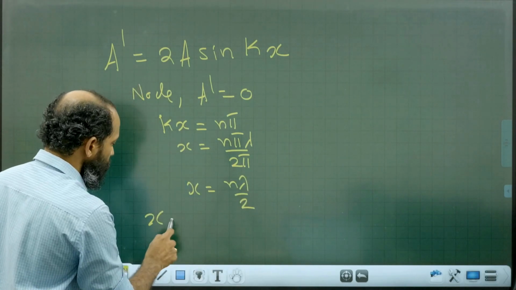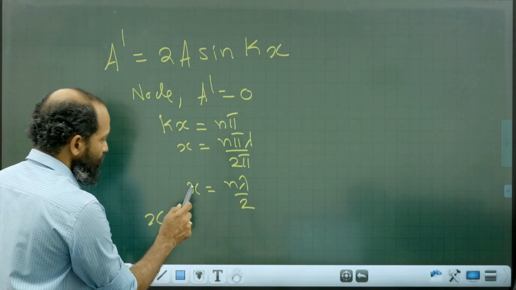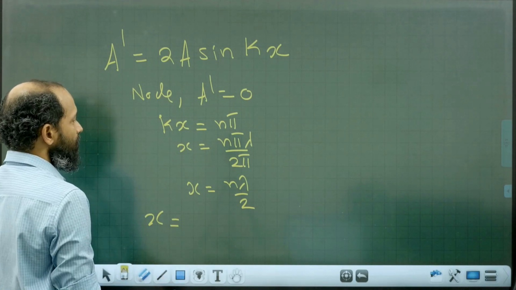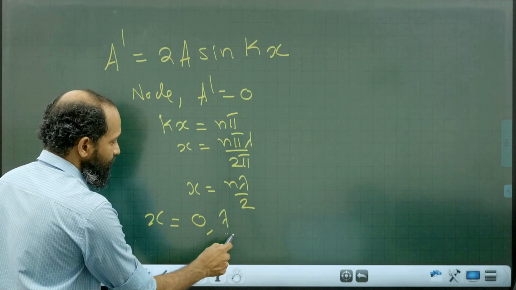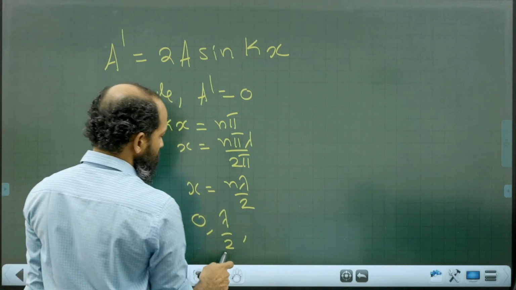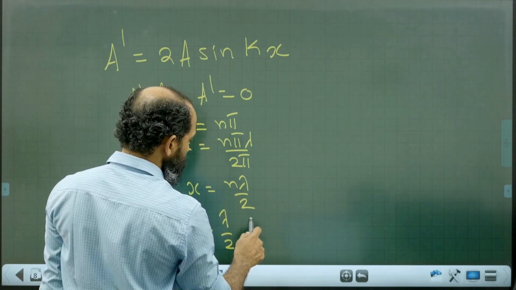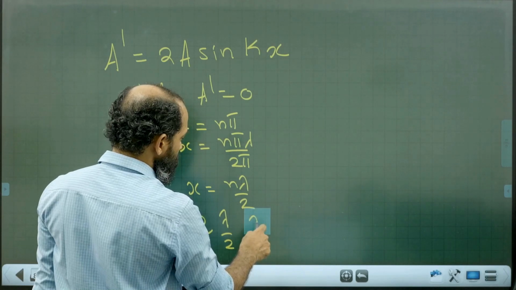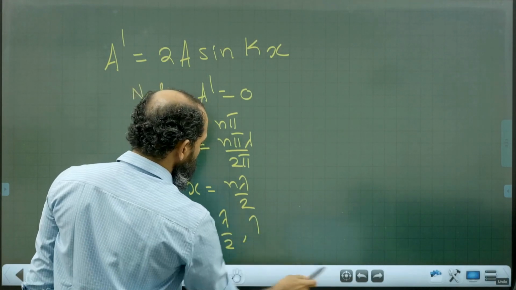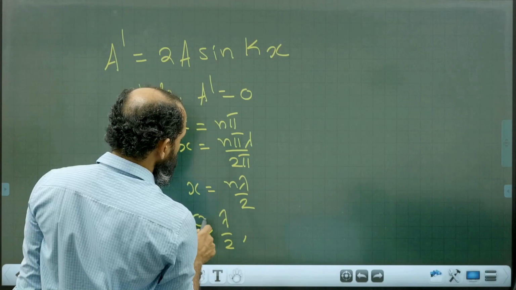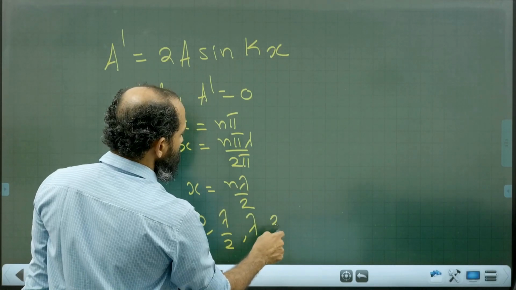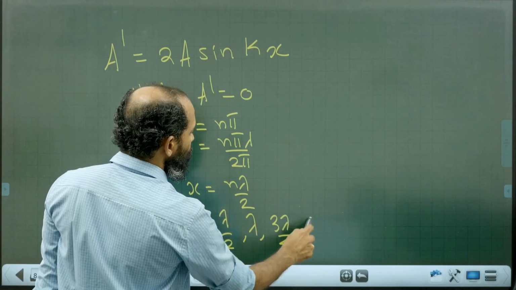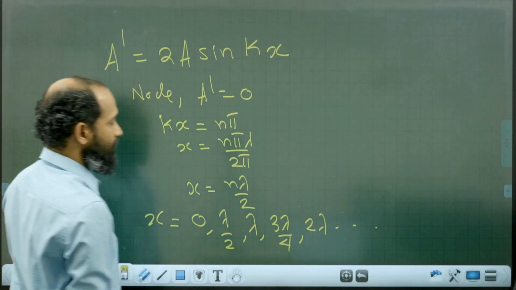So at what values of x are nodes repeated? Put n equal to 0, put n equal to 1, and so on. So 0, lambda by 2, 2 lambda by 2 which is lambda, 3 lambda by 2, 4 lambda by 2 which is 2 lambda, and so on.